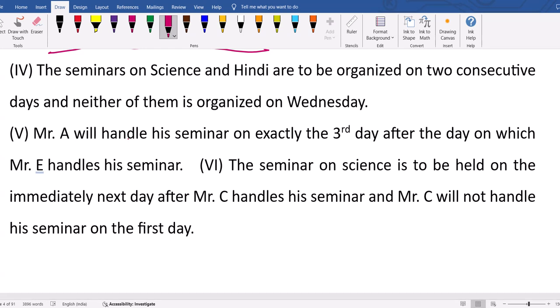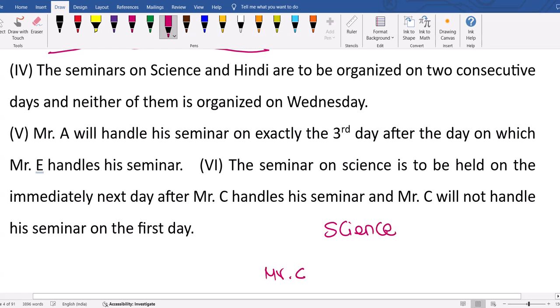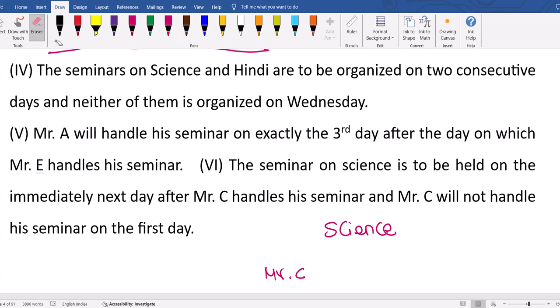They said immediately next day. Science next day, C should handle. Right. Sorry, is it reverse or not? First C, then, okay.